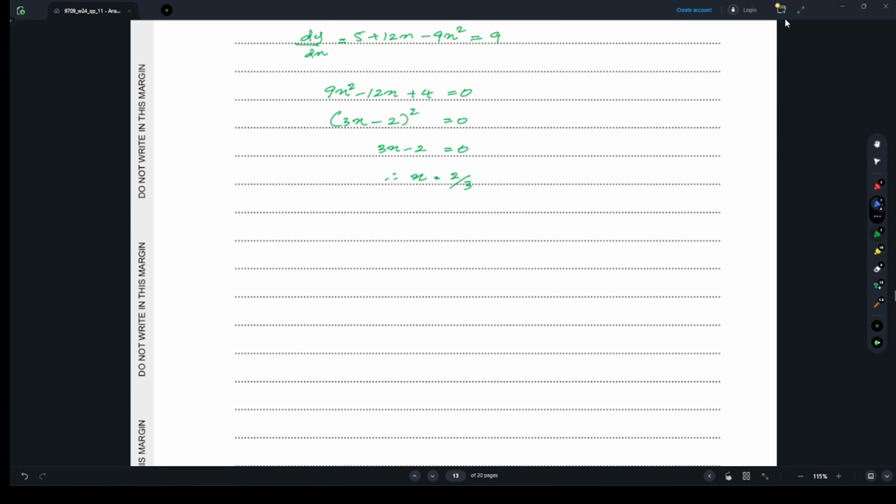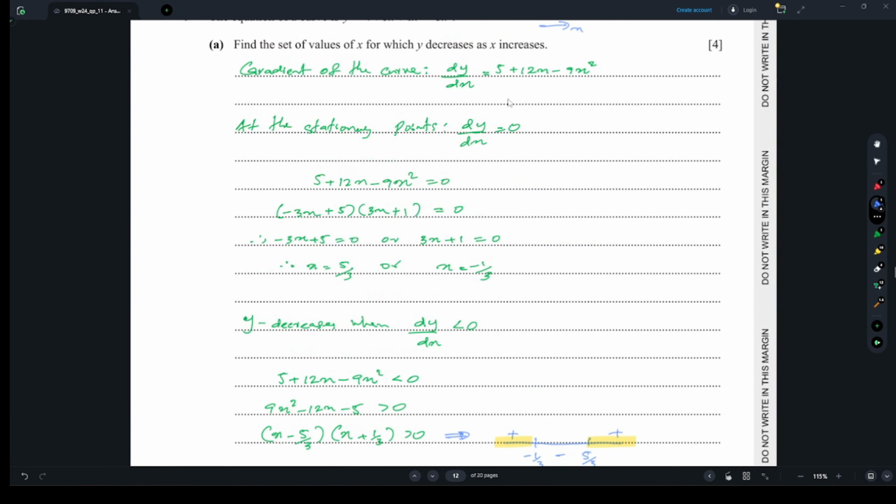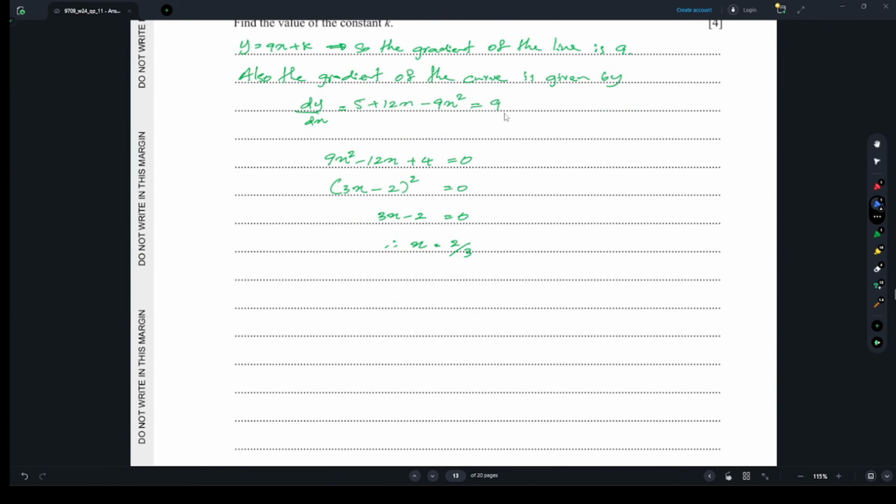Let's see. Okay, this is just an example. So this curve is a cubic, right? So maybe the curve is something like this, and then we have this line.